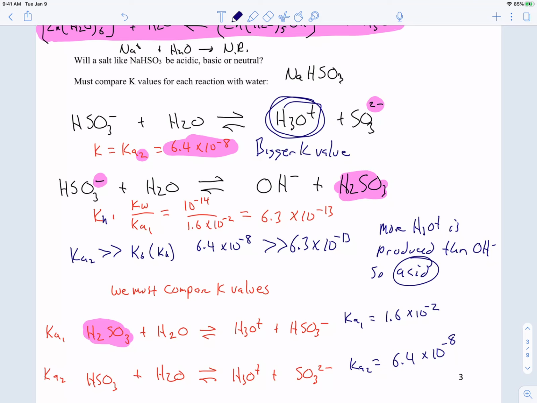So that's how you tell if something like sodium bisulfite is acidic or basic. You have to look at both possibilities, both equations, determine the K values for both of them, and then see which one's larger. The larger one will tell you if it's going to be acidic or if it's going to be basic.